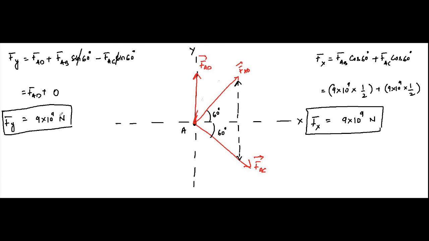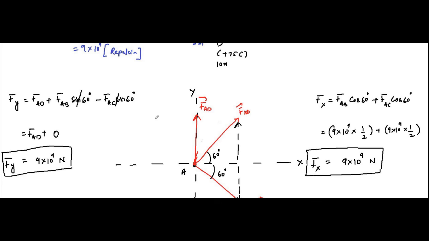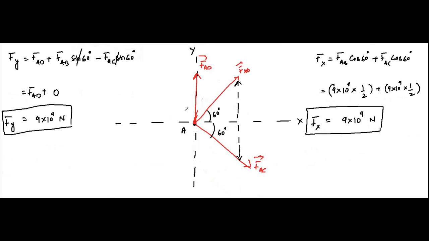Similarly, we have to resolve the components along the y axis. FAD is there along the vertically upward direction, positive y axis. Then FAB, which is in the first quadrant, has a vertical component along the positive y axis, that is FAB sin 60 degree. FAC, which is in the fourth quadrant, will have a vertical component in the negative y axis, that is minus FAC sin 60 degree.